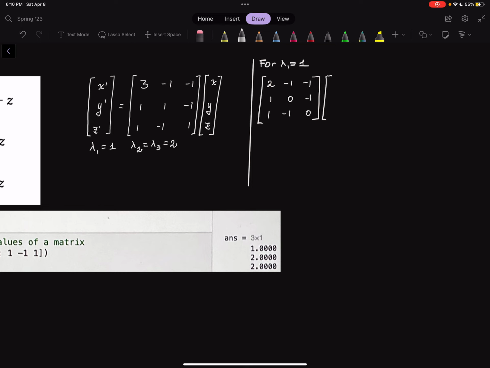Then we write the vector, and let's not call it k. What can we call it? I'll call it x. No, let's call it y. y1, y2, y3. And that's going to be equal to the 0 vector, because we're looking at the eigenvalue problem. So what we do now is I would augment it.